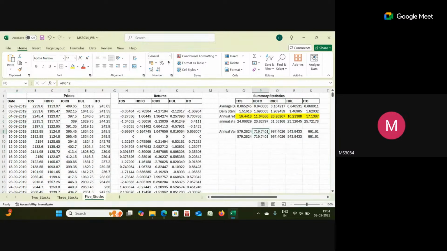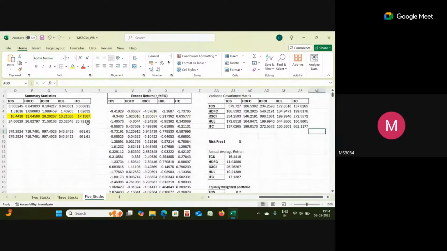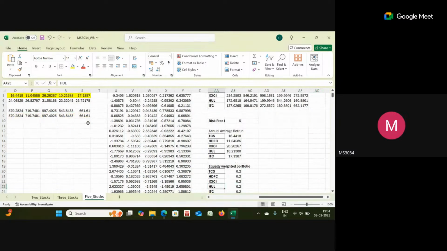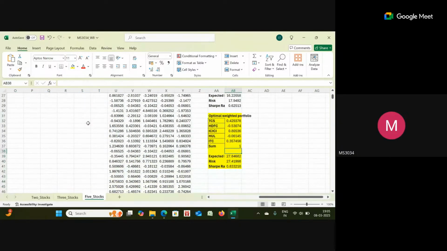The third one is the five stocks case, where we take five stocks and do the same analysis, calculating these summary statistics. If time permits, later in some week I will demonstrate this. Here we use the Solver that comes with Microsoft Excel to find the optimal weights for these five stocks.